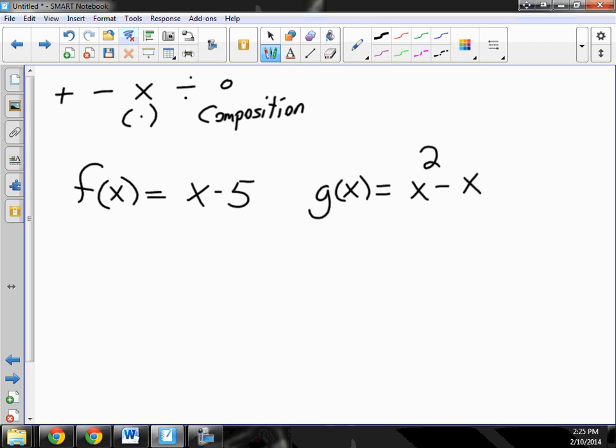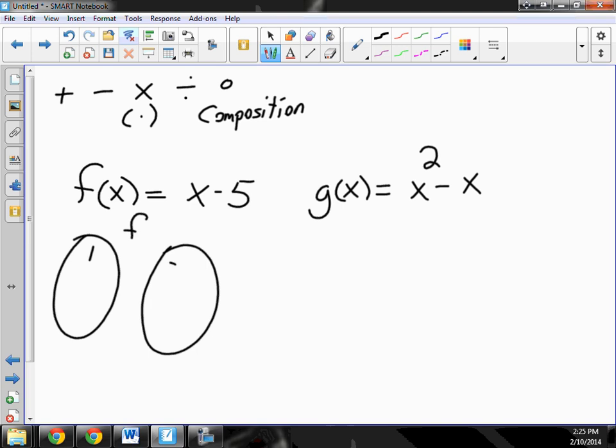So let's talk about how these functions compose. Let's list some of the things that function f does. If I plug 1 into f, what do I get out? -4. If I plug 6 in, what do I get out? 1. If I plug in 14, then I get 9.